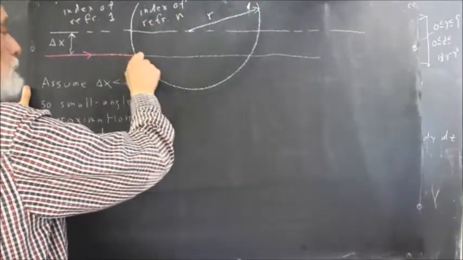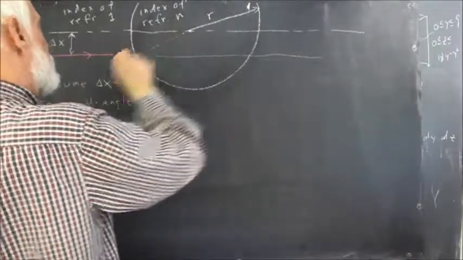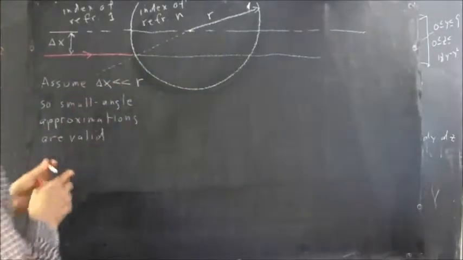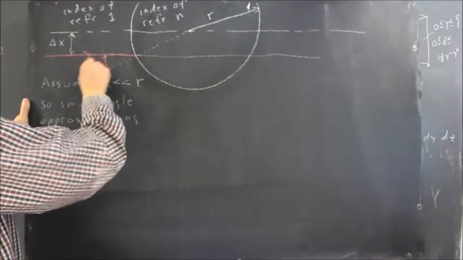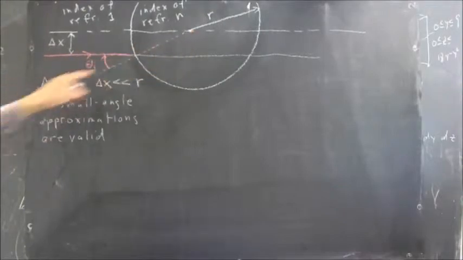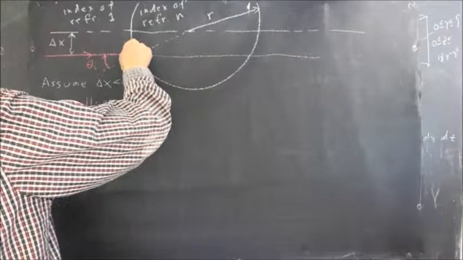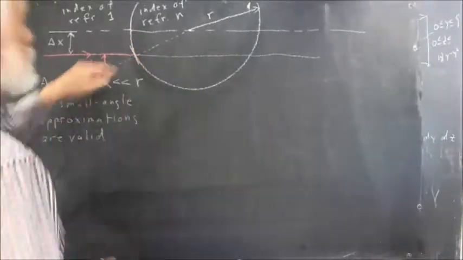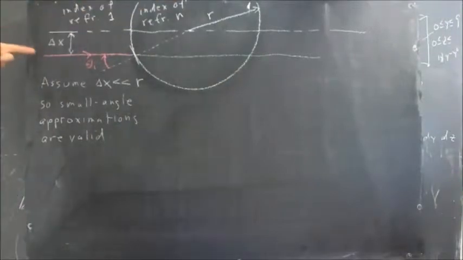Now, the angle of incidence of this ray is theta sub I, and that's the angle that the ray makes with the radial line. The reason being that the radial line is perpendicular to the part of the lens that the incoming ray encounters.